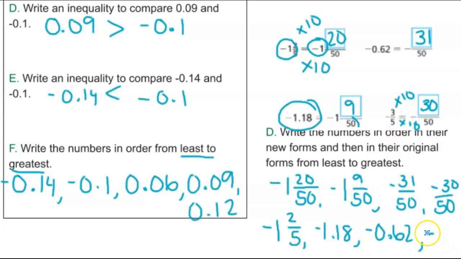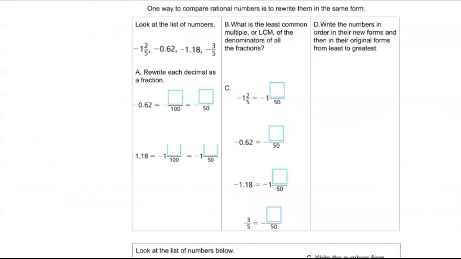So it does take a while to do all of these steps. I personally would rather go decimal on all of them instead of fractions because when you go decimal, again, you don't have to find a common denominator. We're on the next page. Again, I'm saying one way to compare rational numbers is to rewrite them in the same form.